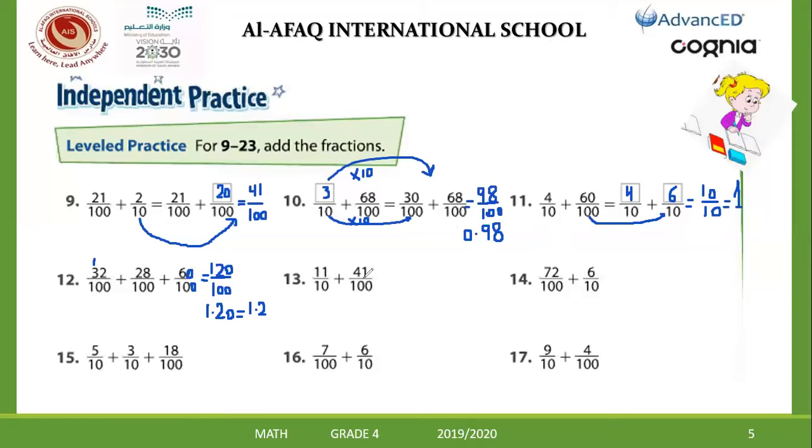What about number 13? If you want to keep the fraction with denominator of 10 the same, and you want to change the fraction with denominator of 100 to a fraction with denominator of 10 by dividing, if you divide the denominator by 10, you will get 10. What about 41? Is it a multiple of 10?